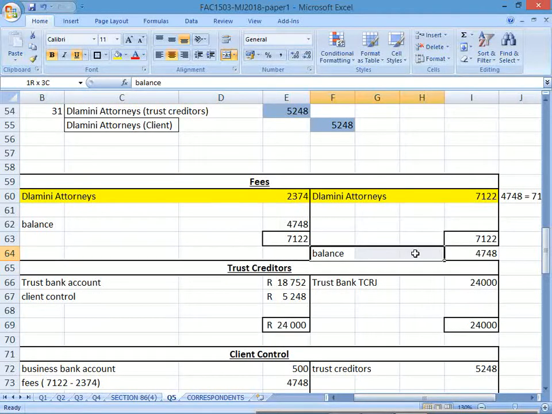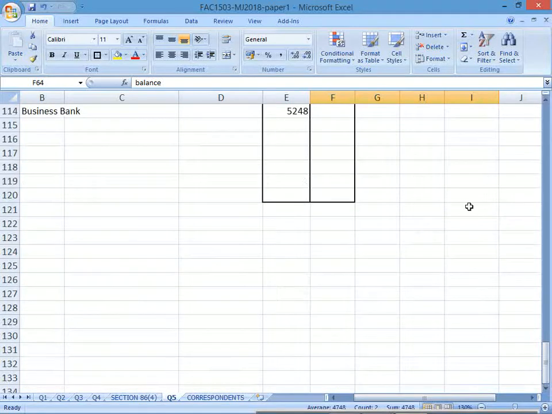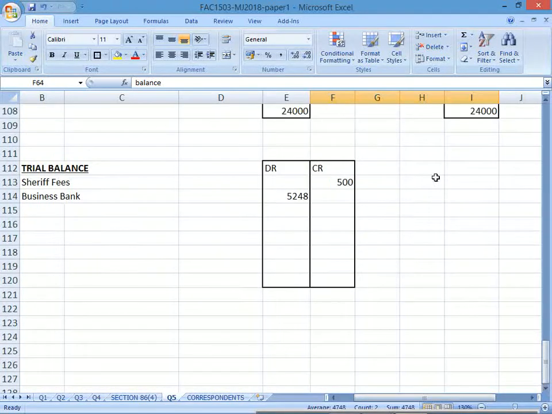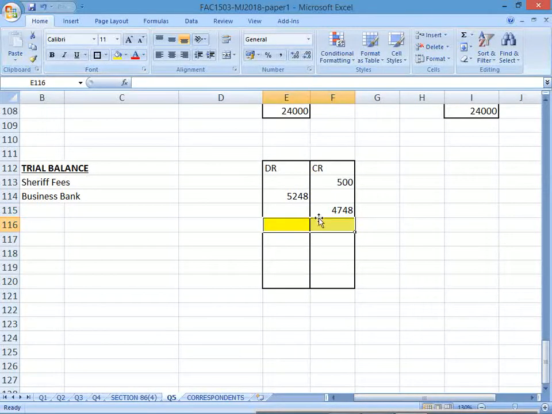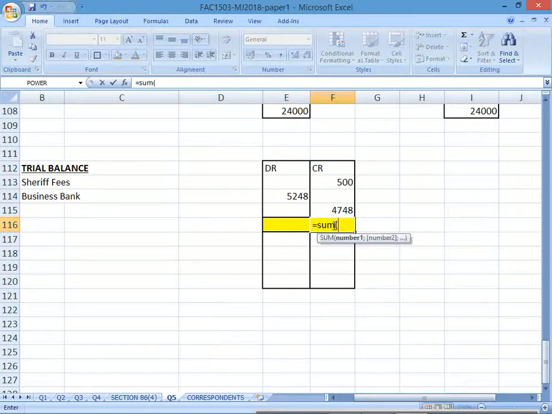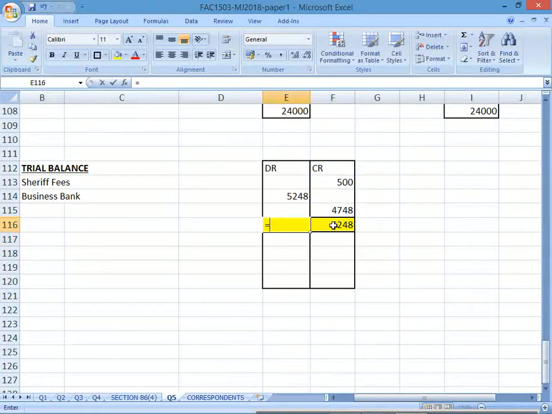That would have been the balance there for the fees journal. 4748. Right, and we've done it correctly because have a look at this. Sums up nicely.